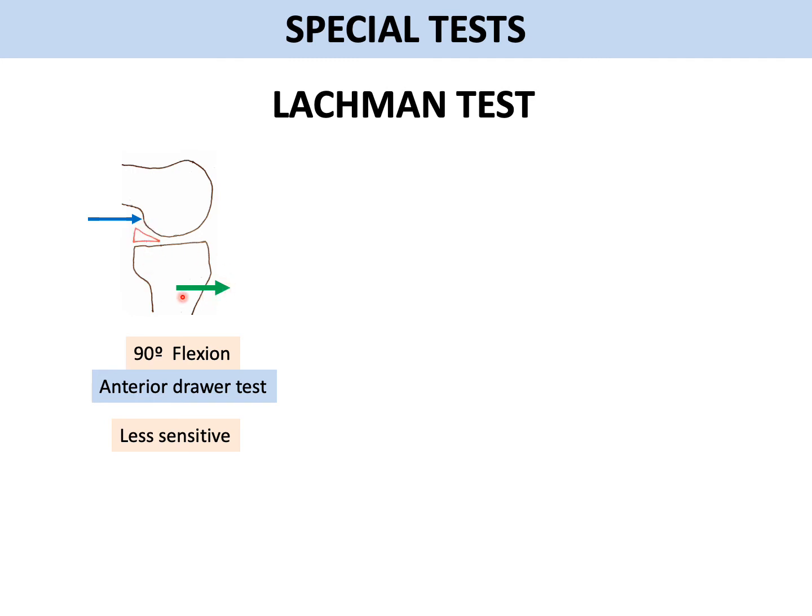So it restricts the anterior translation of the tibia because of this sharp abutment of the condyle. So even in an ACL deficient knee, this is a less sensitive test. This is called the anterior drawer test as it's done in 90 degrees of flexion, right?